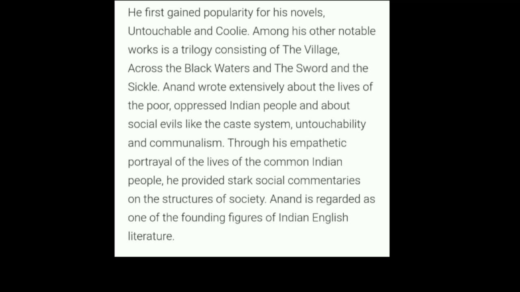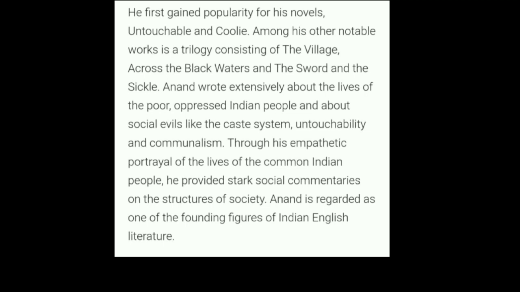Anand wrote extensively about the lives of the poor, oppressed Indian people, and about social evils like the caste system, untouchability, and communalism.